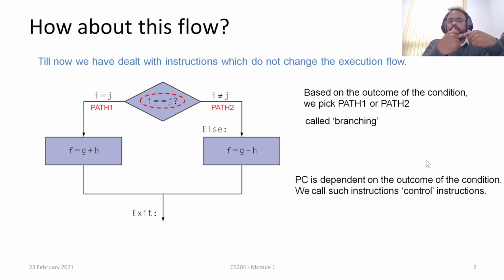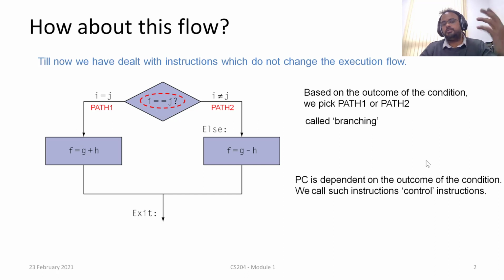That's the reason after the first instruction is executed, we use this PC, take the second instruction from the memory and execute it, right? But now we need a provision where the PC need not always be the next instruction. It can be anywhere else.